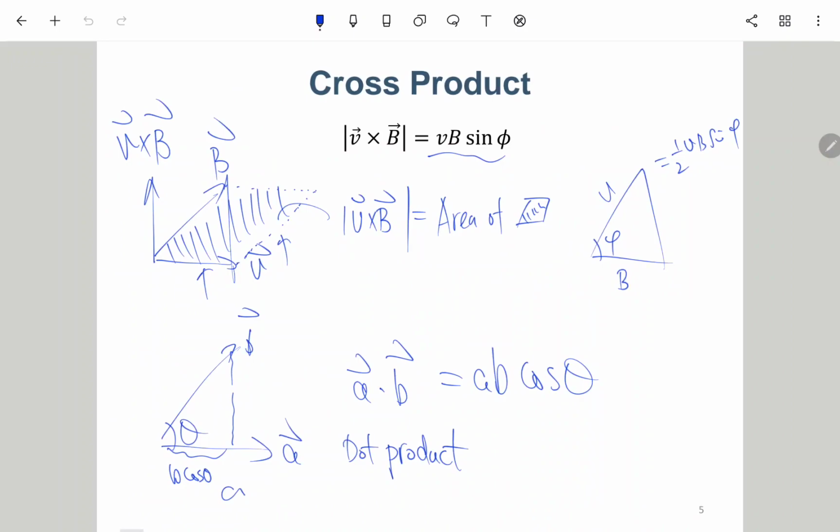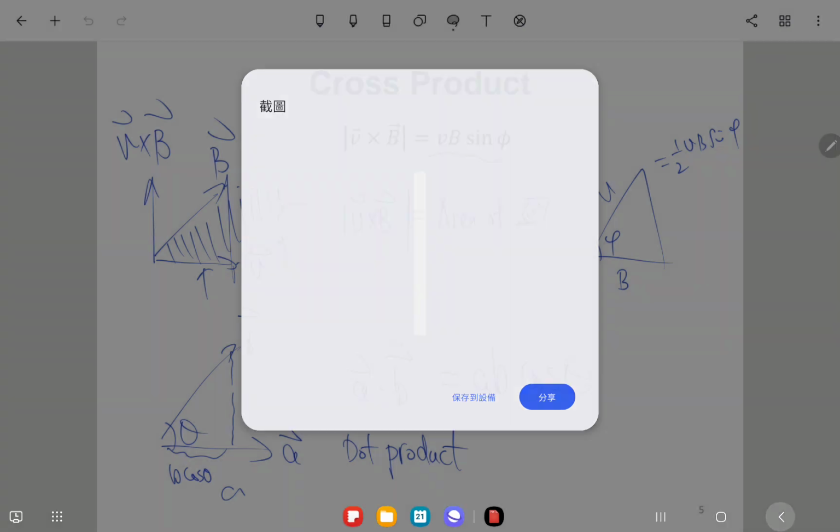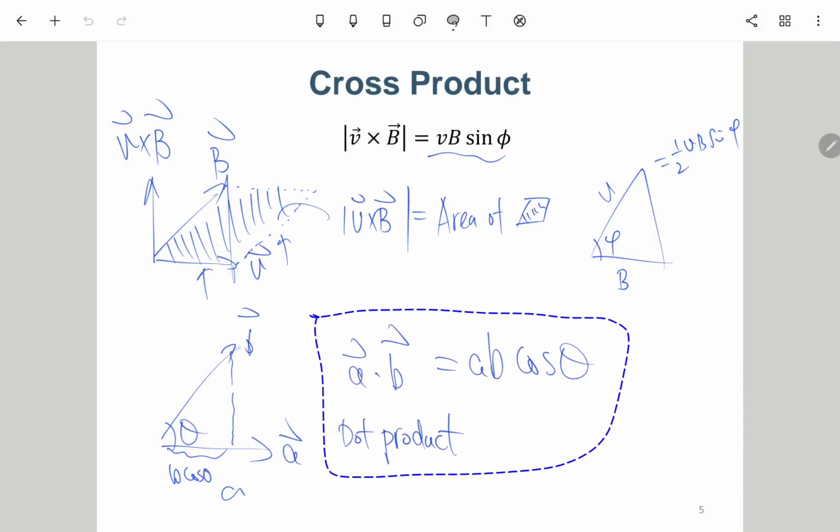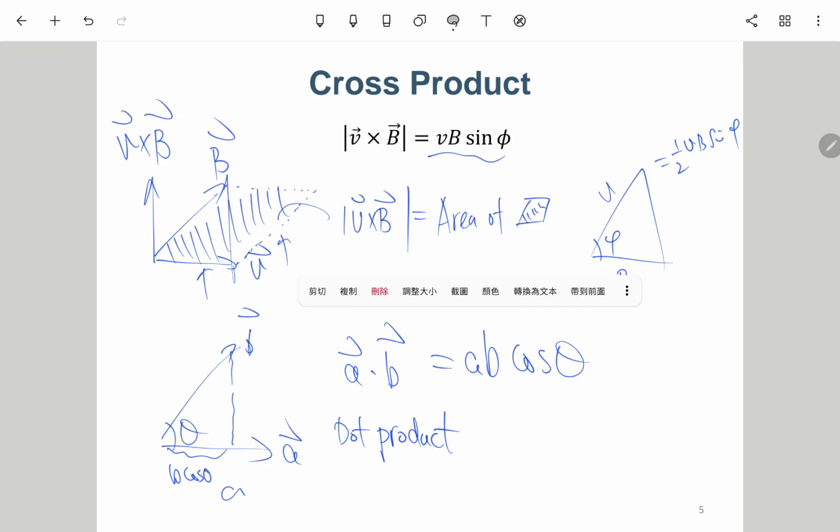I think I can also supplement something about the cross product for the unit vectors in the Cartesian coordinate.